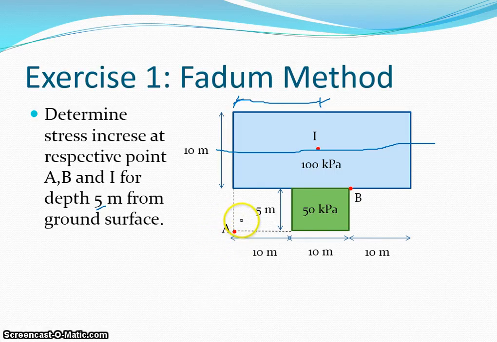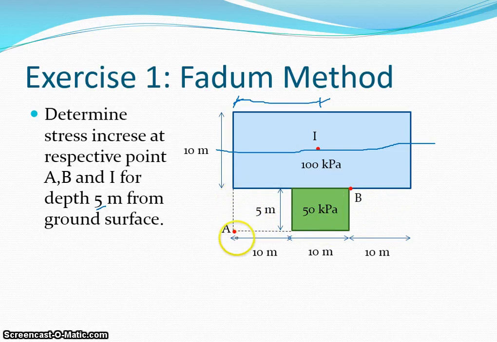So as I mentioned before, how to solve for A: the first one, this is the B, this is the L. And then this is the rectangular. The second one you have to minus it.